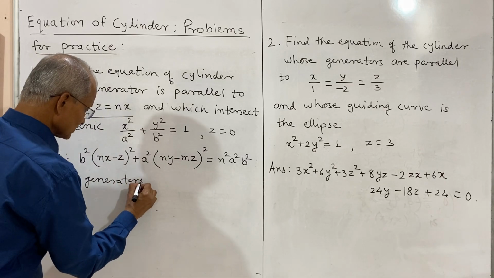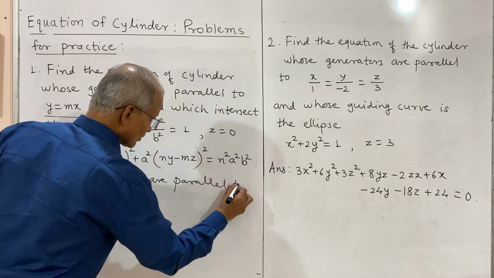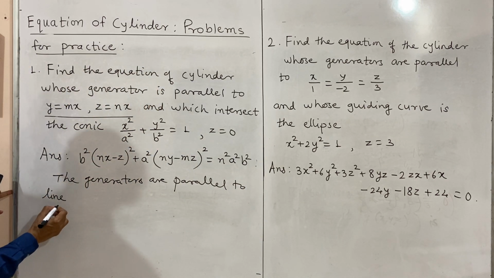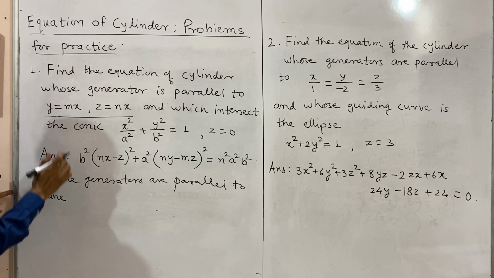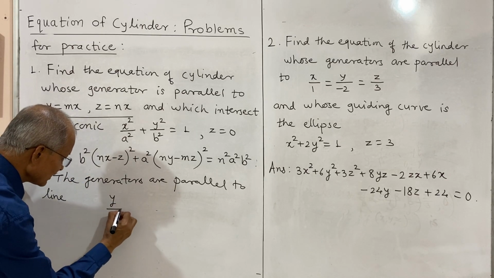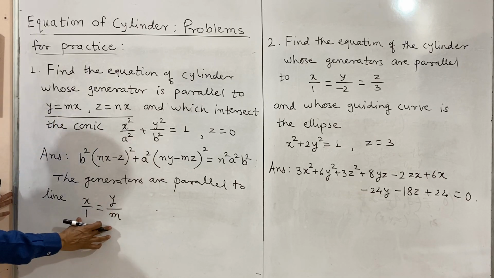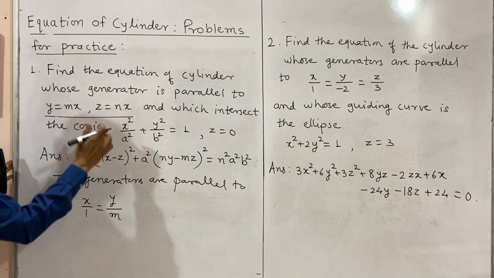The generators are parallel to the line. See, x is equal to y upon m, and what about x here? It is equal to z upon n.